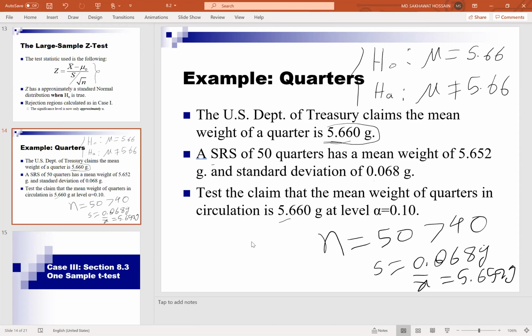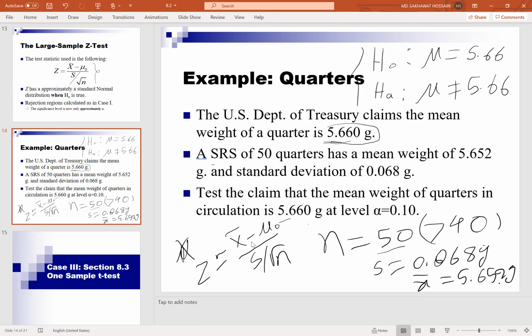Now we have to conduct a hypothesis test. Since n is large, we can still use the test statistic Z equals x bar minus mu over s over square root of n. In this case, mu is equal to mu naught, which is 5.66, and x bar is the sample mean, which is 5.652, and s is the standard deviation, which is 0.068, and n is the sample size, which is 50.